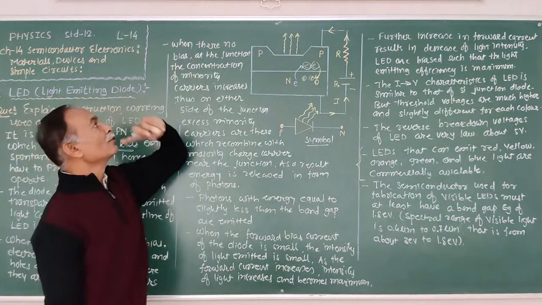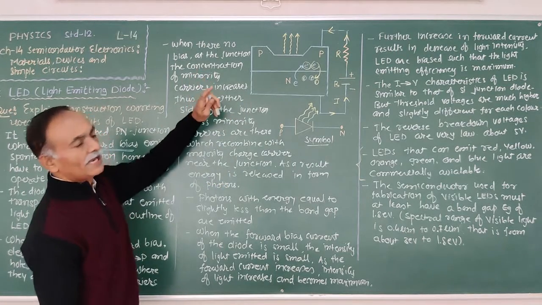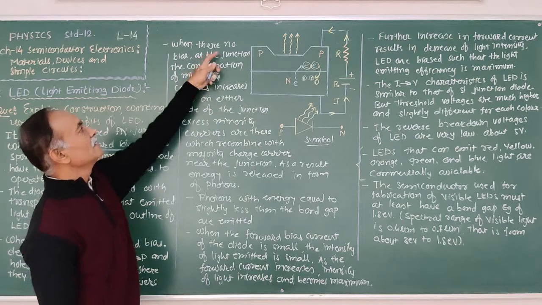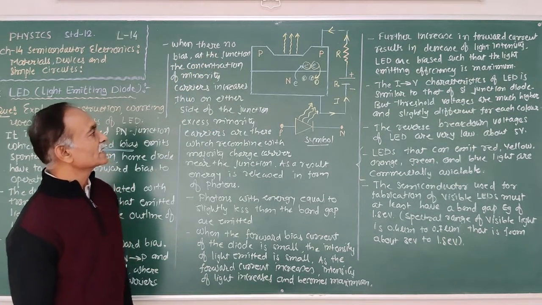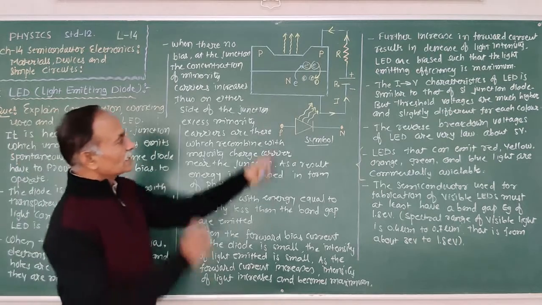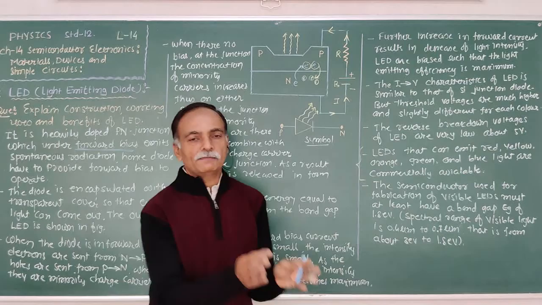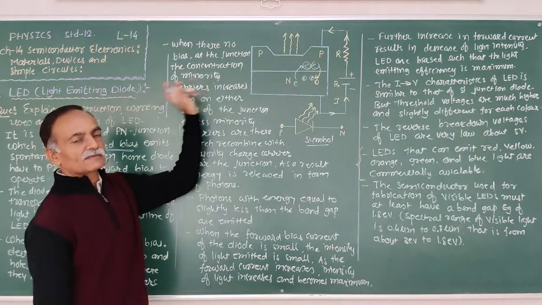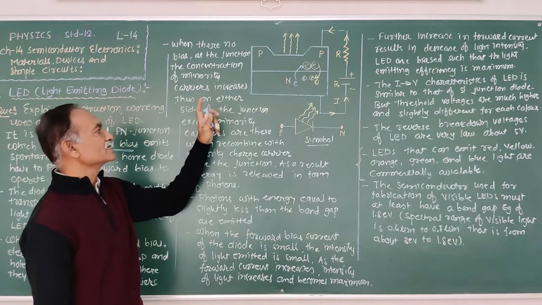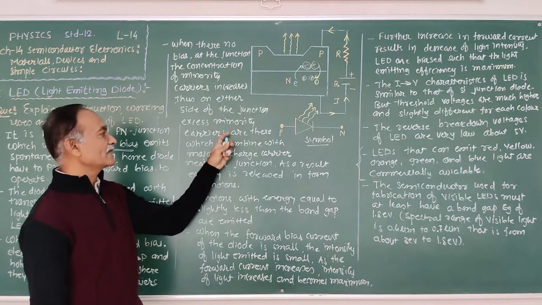When there is no bias, when the battery is not connected between the P and N ends of the junction diode, at the junction the concentration of the minority carriers increases. So the electrons diffused from N to P and holes from P to N are accumulated near the junction. Therefore, the concentration of minority carriers increases. Thus, on either side of the junction, excess minority carriers are there.